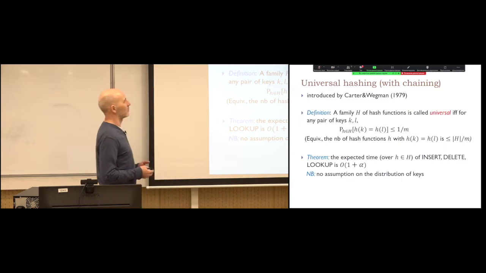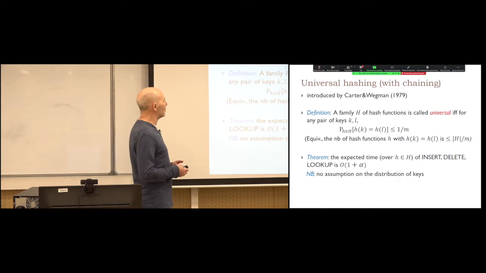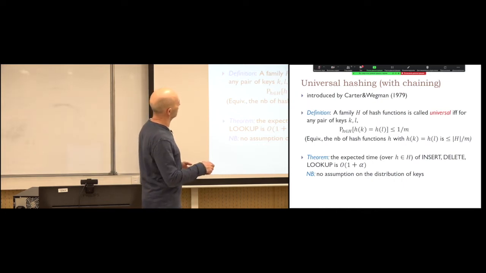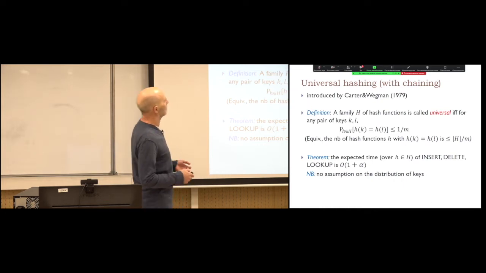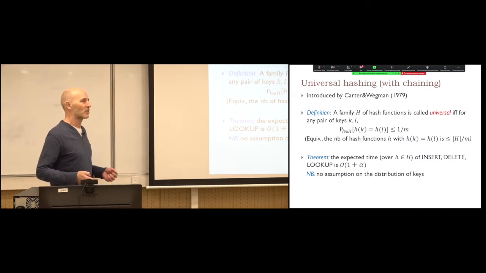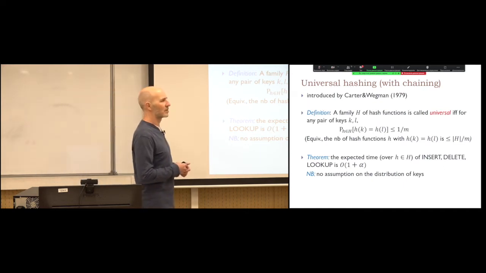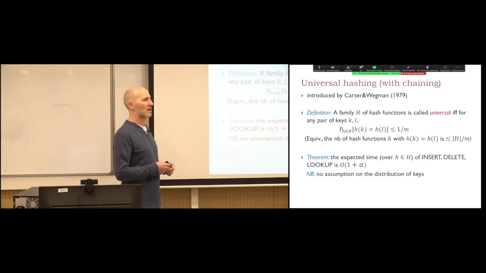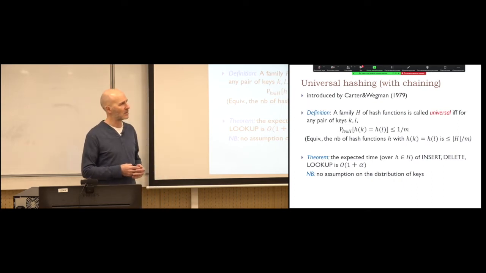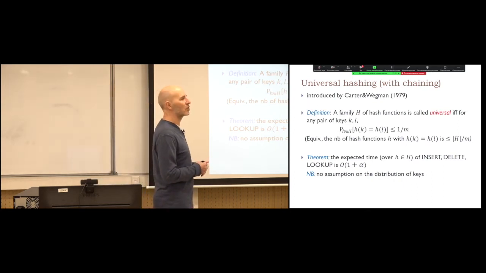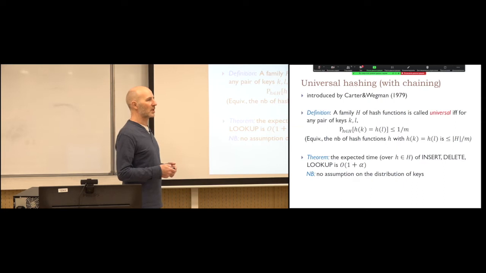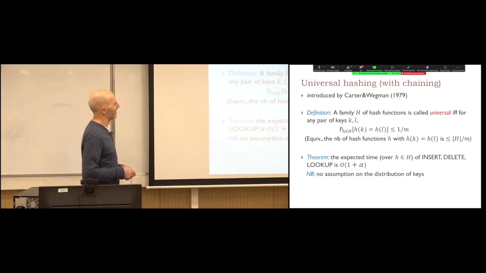For all pairs of different keys. You can say for all, or for any, but any is a dangerous word because it can be misread. Okay, I understand, not there exists, but for every. Yeah, for every.